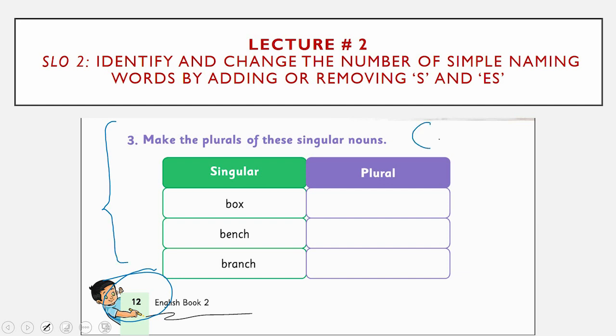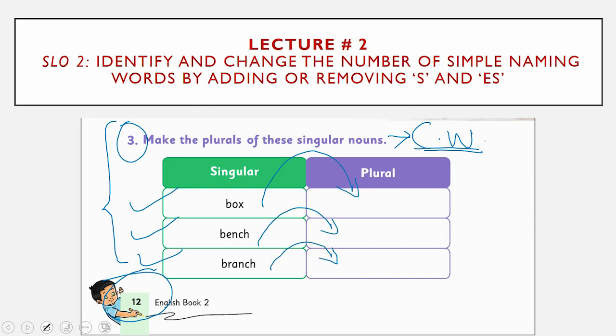With the help of your pencil, please write classwork in front of question number 3. Once you're done, let's move on to the words which are written inside the boxes, and we will write the answer with our pencils in the provided spaces.